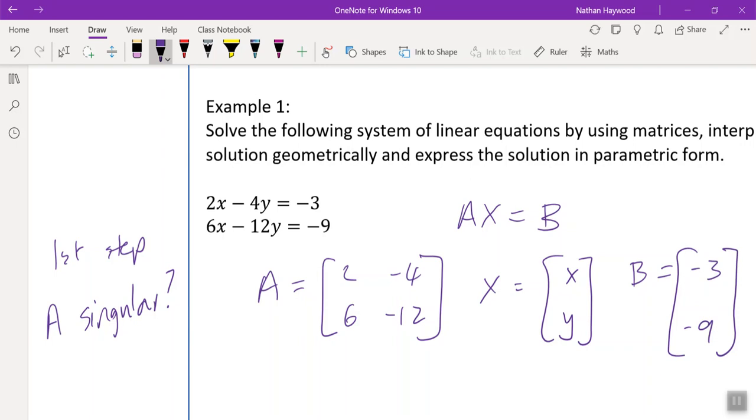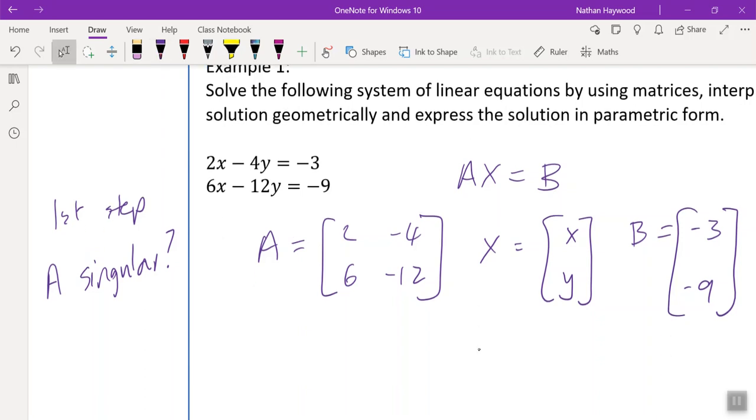We'll have a look at the two equations. Hopefully it's pretty obvious, one is just 3 times another one. So if you can recognize that, it's a good way to check. You should get a singular matrix. Anyway, let's do it anyway.